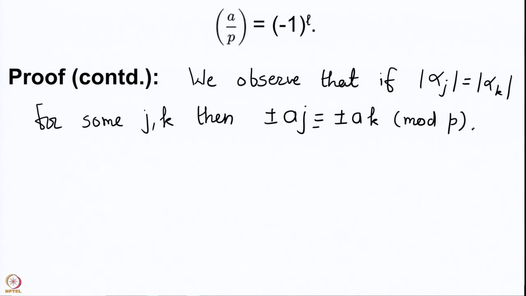So, we get this equality modulo p, but a is co-prime to p. So, this would then imply that j is congruent to plus or minus k modulo p. But both j and k were taken from the set 1, 2, 3 up to r, which is (p minus 1) by 2. So, no element of this set 1, 2, 3 up to (p minus 1) by 2 can be equal to the negative of any other element in the set modulo p.